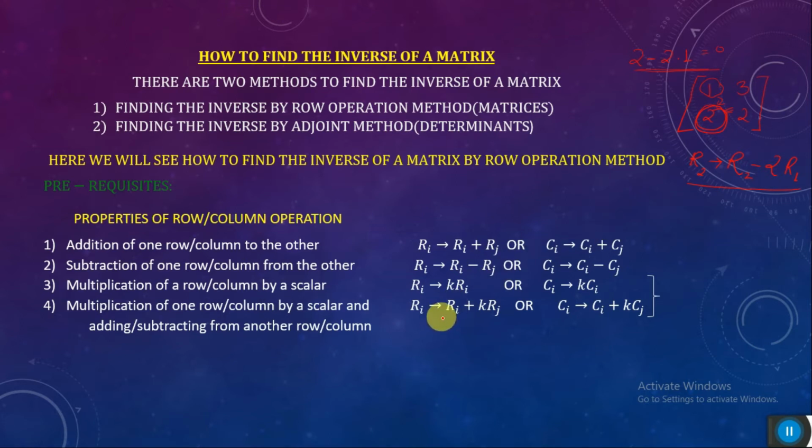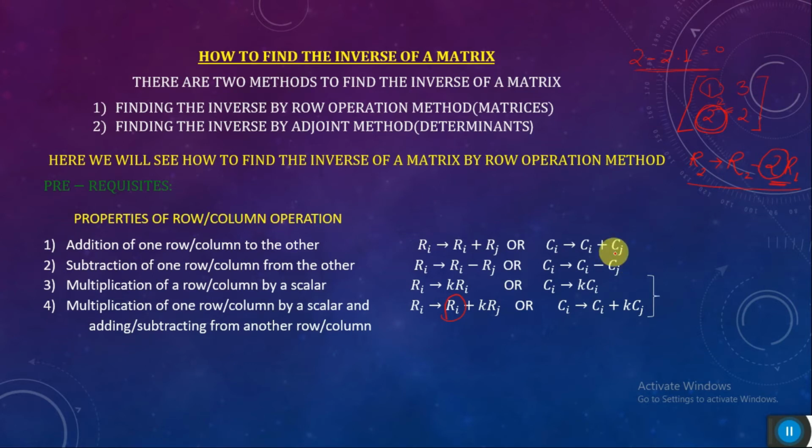And you can see here, multiplication of one row or column by a scalar. This row I multiplied with a scalar and then added or subtracted. Here I did subtraction, here I have written plus. So if you want to get 5, then you need to do plus here. So like that, you can write plus also. I have written minus.